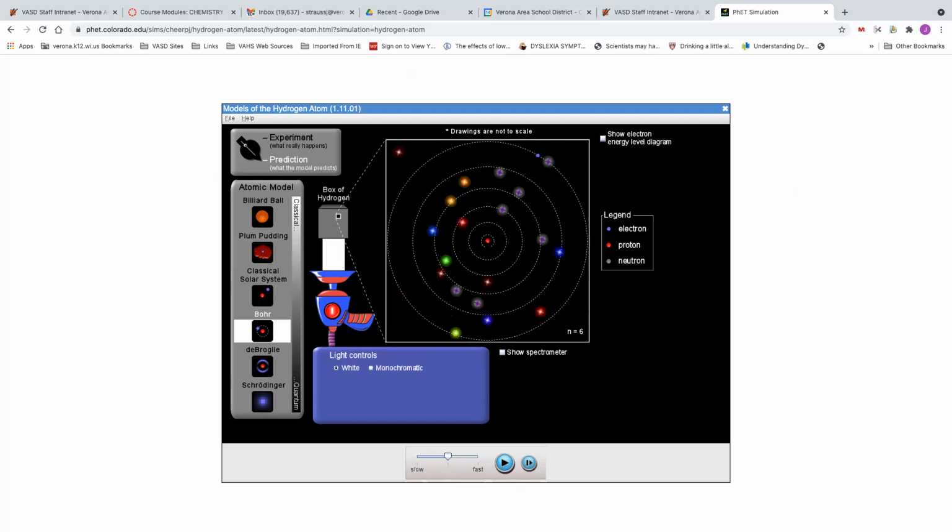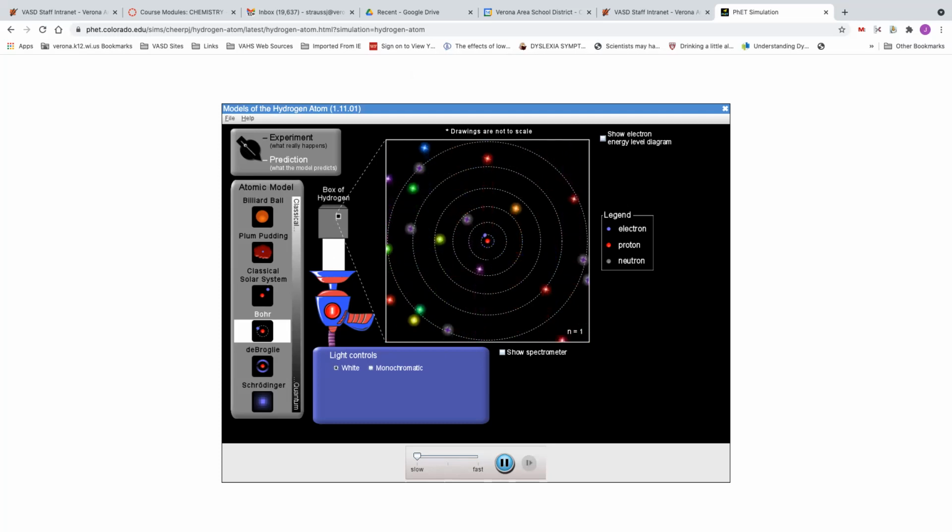Now, does it have to fall all the way down? No, it could fall there and there. Doesn't have to fall all the way down. Eventually it'll fall all the way down to the first. Oh, it fell down to the fifth. Down to the second. There, released blue light. And then released some more light.